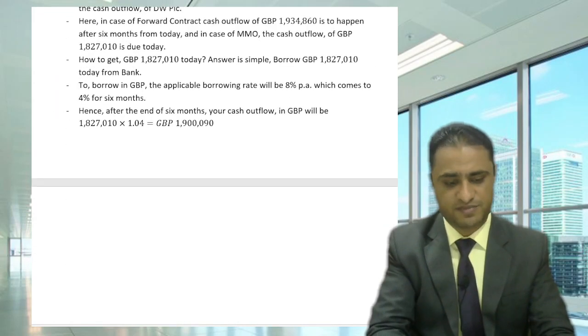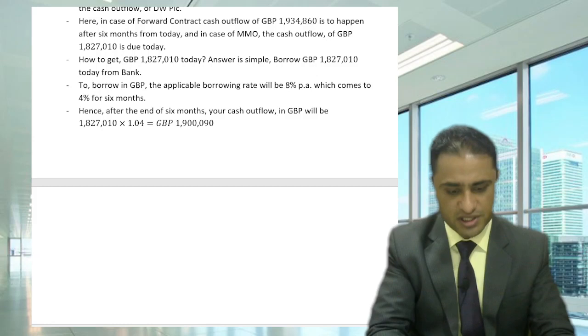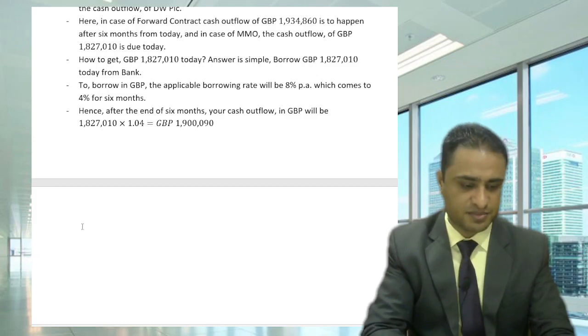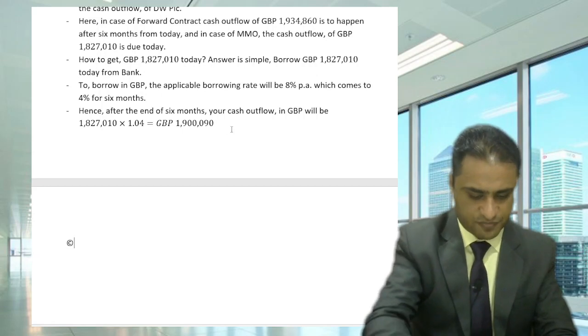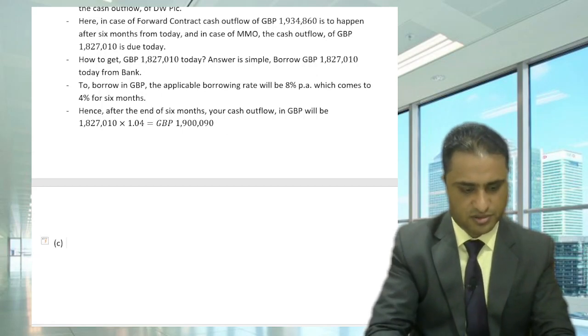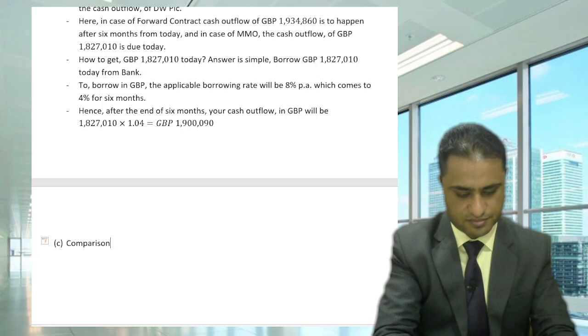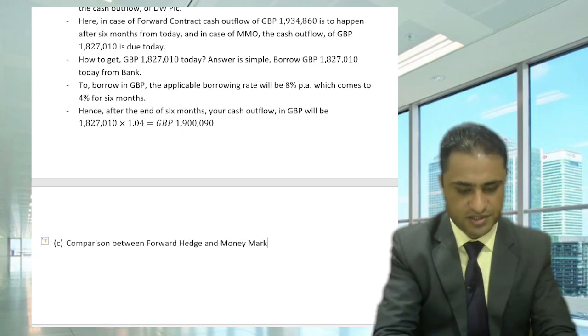I will again explain in short how we did this money market hedge, but let's first give answer to the third part of the question, comparison between forward hedge and money market hedge.